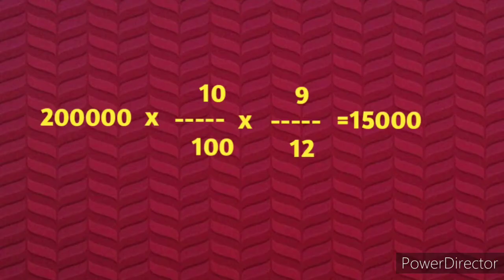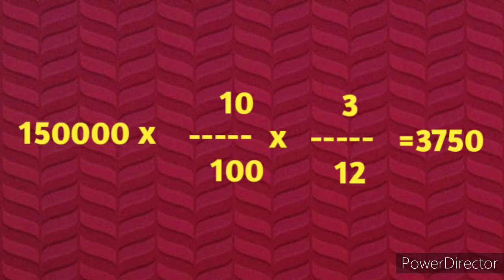Interest will be calculated at 10% on 2 lakh for 9 months. Then our interest will be 2 lakh multiplied by 10% multiplied by 9 by 12, which is equal to 15,000. Right? How much capital did he have when he withdrew some amount after 9 months? That is rupees 1,50,000. Now we calculate new interest on the rupees 1,50,000 capital we have left.